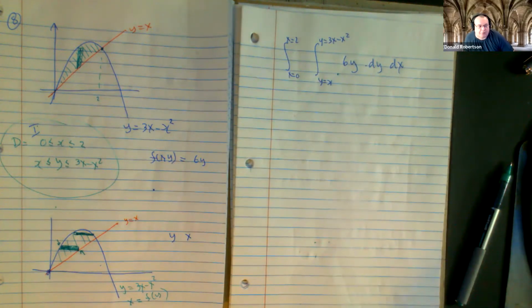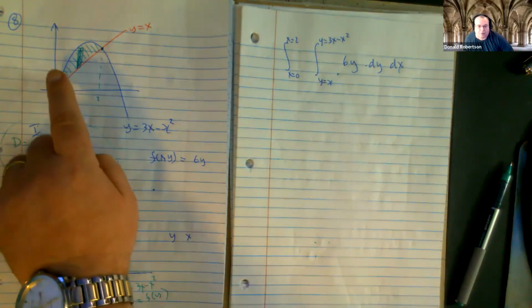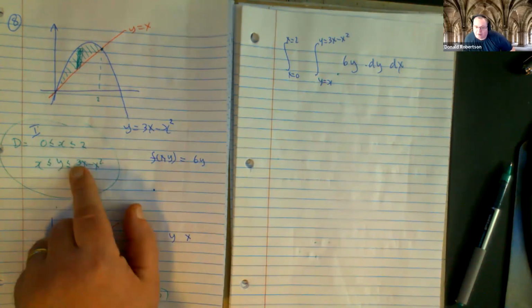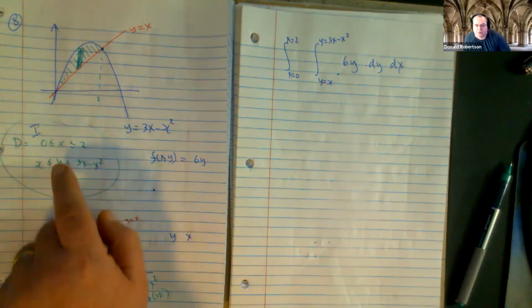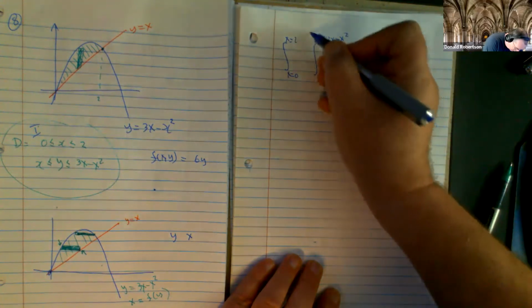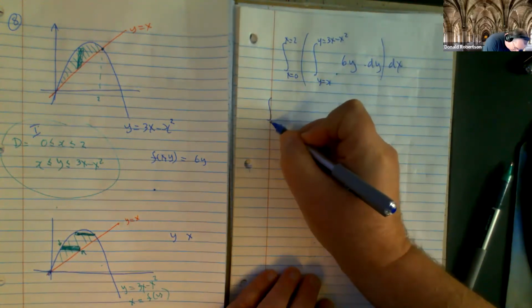And I was given a picture to tell me what D was, and I created the limits of integration using that picture, doing a type 1, and that's where these came from. Put a little do-it-in-order thing. We have a 0 to 2.